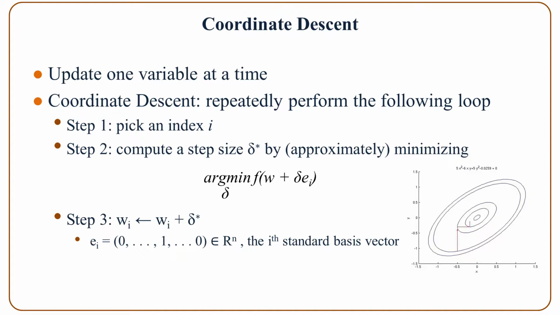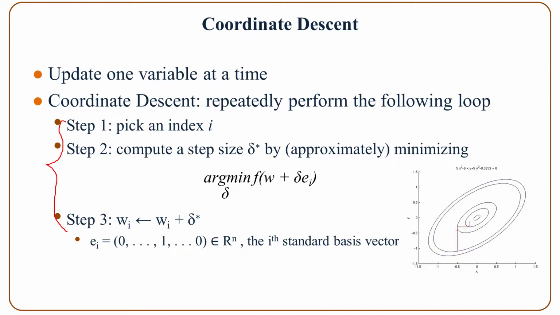First we talk about coordinate descent. Coordinate descent updates one variable at a time and repeatedly performs the following loop.